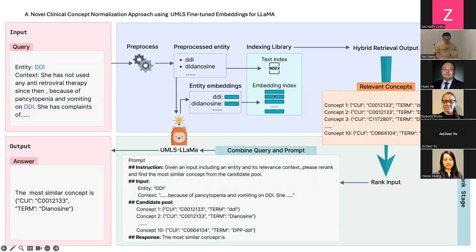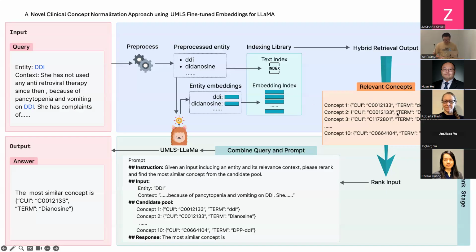The indexing library consists of the text index and the embedding index. The text index is used to identify the most exact match concept based on lexical similarity, while the embedding index is employed to find the most semantically similar concept based on representation similarity.